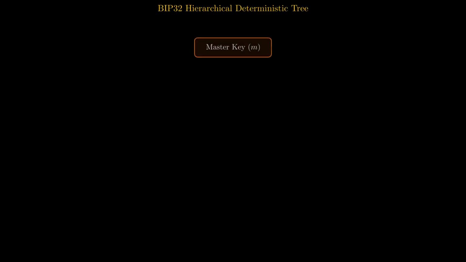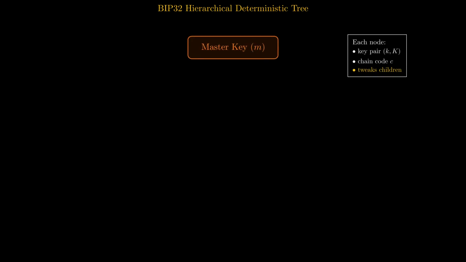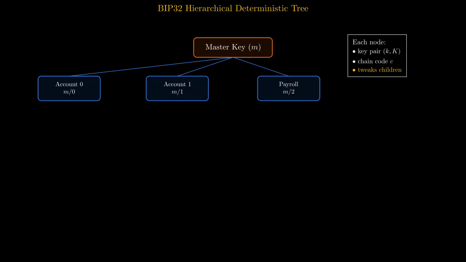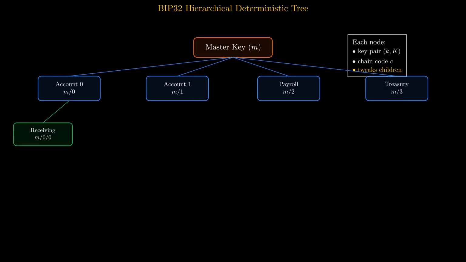Now scale this up, not one child, but a whole tree. BIP32 takes the tweak trick and applies it recursively. Each node in the tree has its own key pair and its own chain code, a secret that deterministically generates tweaks for its children. Start at a master key, derive account 0, account 1, a payroll branch, a treasury branch.